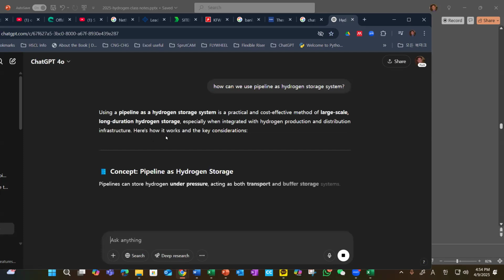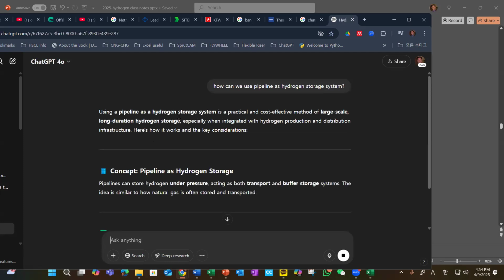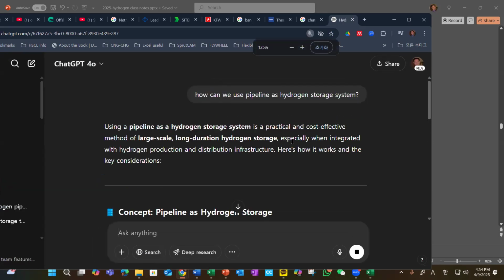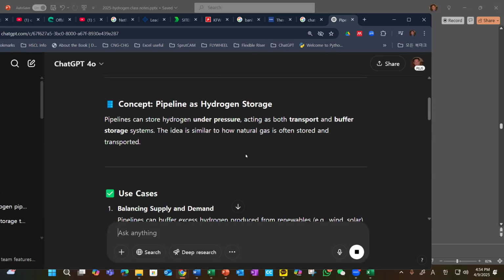Now, as you can see, using pipeline as a hydrogen storage system is a practical and very cost-effective method of large-scale, long-duration hydrogen storage, especially when integrated into hydrogen production and distribution infrastructures. The concept is pipeline as a hydrogen storage.